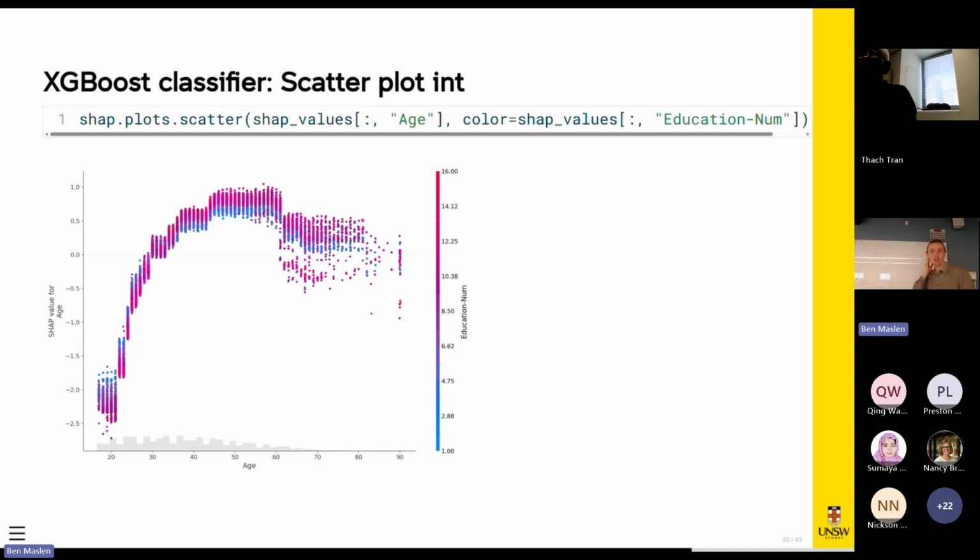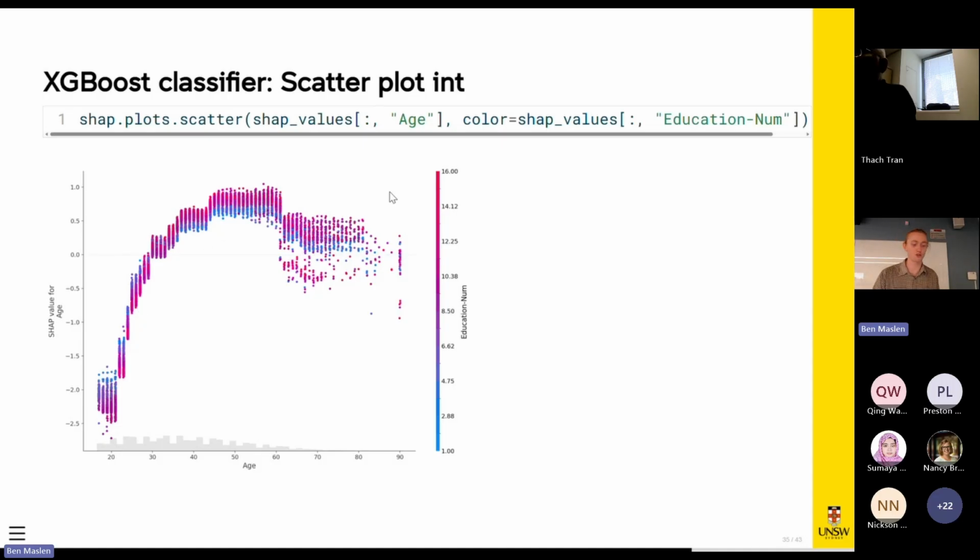Okay, and we see this interesting relationship where if you're someone that is young, less than 30, you tend to earn more money if you're less educated. So the blue points are at the top if you're less than 30. So those are the higher earners.